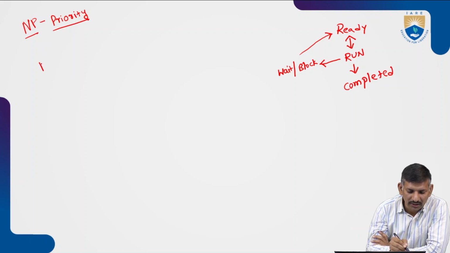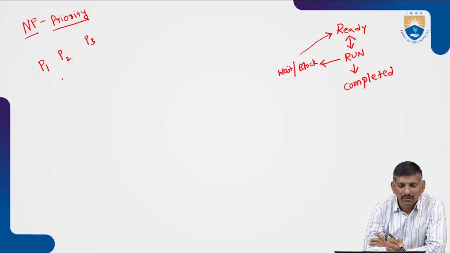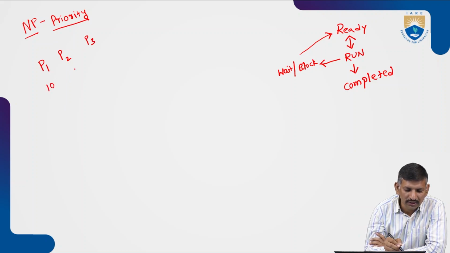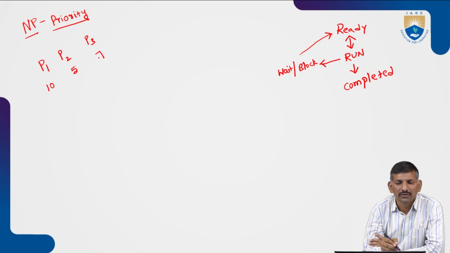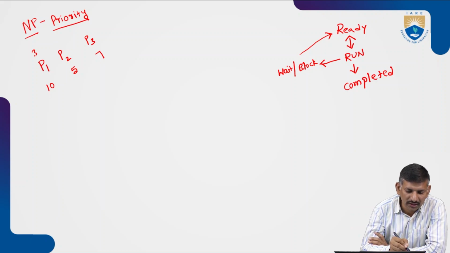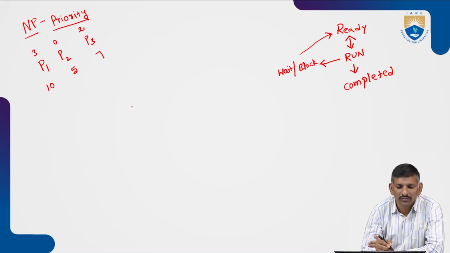I am taking 3 processes P1, P2, P3 with estimated execution times of 10 milliseconds, 5 milliseconds and 7 milliseconds, with priorities 3, 0, 2.